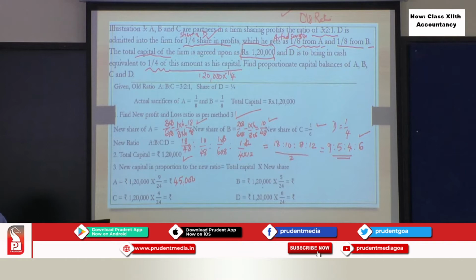Share of B in the capital: 1,20,000 multiplied by 5 upon 24, so you will get 25,000 rupees. Then the capital of C: 1,20,000 multiplied by 4 upon 24, so you will get 20,000 rupees, and the share of D will be 30,000 rupees.